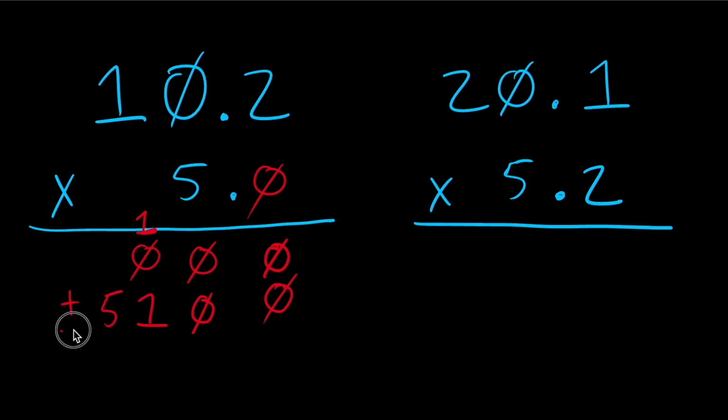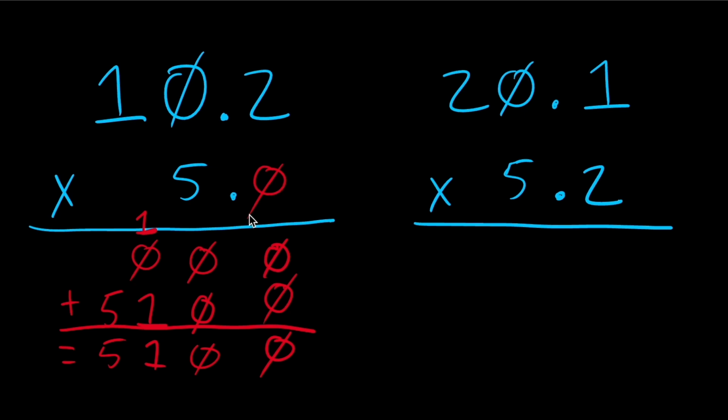And we are adding. So let's solve these. So we have 5,100. Now, we do have 2 digits after the decimal. So we have 1 digit, which is the 2, and then we have 1 digit that we used, which is 0.